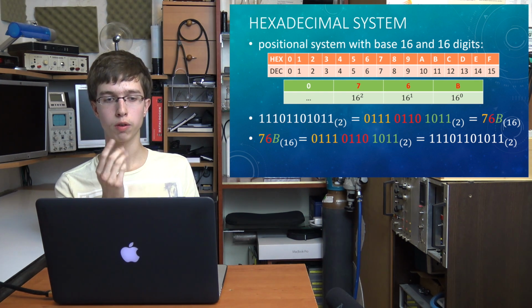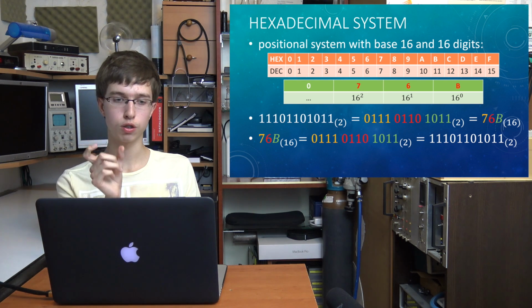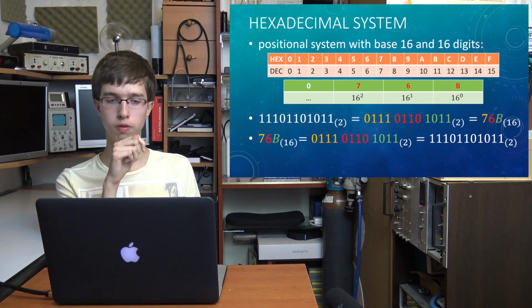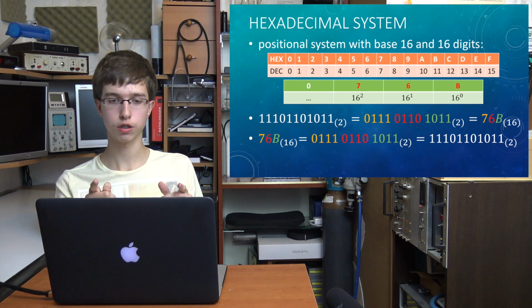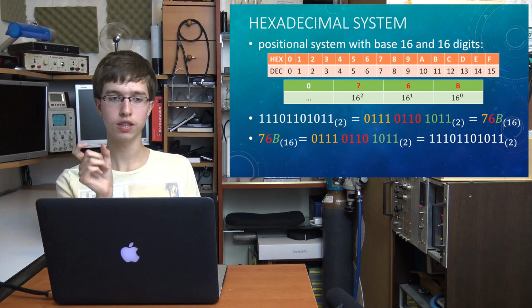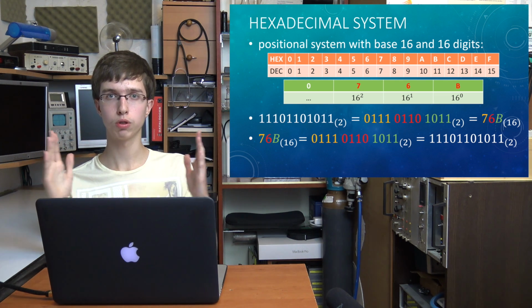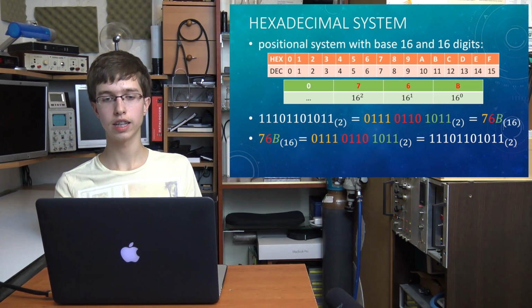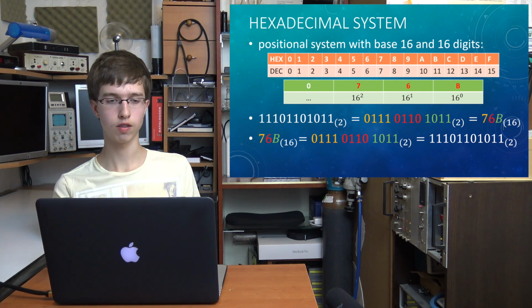We remain with 1, 1, 1 in this first group, so we have to add 0 in front of these 3 ones in this first group of 4, and then each of these groups represents some digit in the hexadecimal system, then put it together and we get the hexadecimal number. And from hexadecimal to binary is the inverse thing.